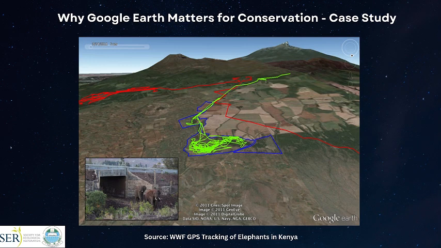These migration paths were layered into Google Earth, revealing how development was disrupting ancient routes and wildlife corridors for these elephants. It also helped in stakeholder planning and engagement because there were a lot of human and wildlife conflicts going on in that community. So this is a typical example of a use case in which Google Earth was applied.